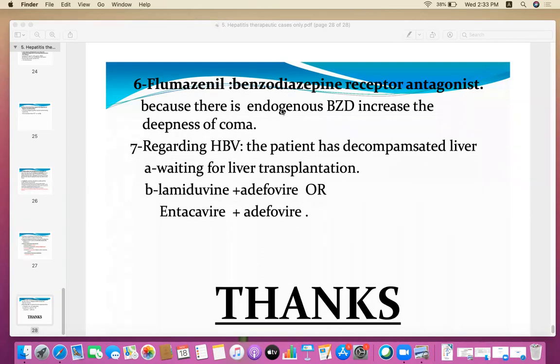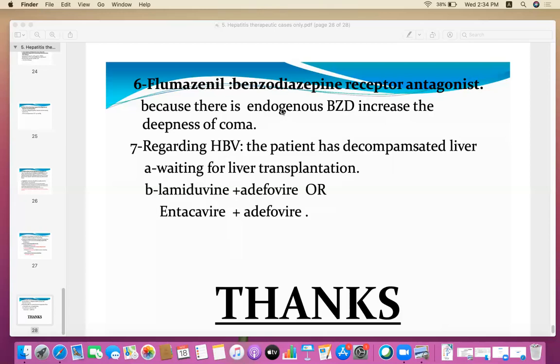The schedule of the vaccination should be 0, 1, 6 months. 0, 1, 6 months is the schedule of the vaccine, and if the second dose is delayed more than 2 months, repeat the course. And if the third dose is delayed more than 12 months, repeat the course.